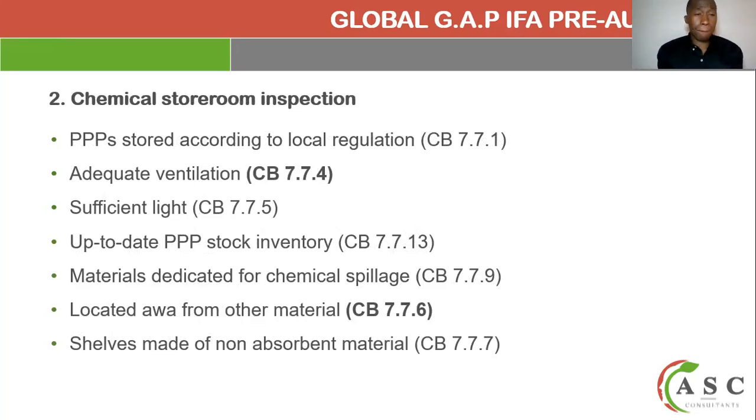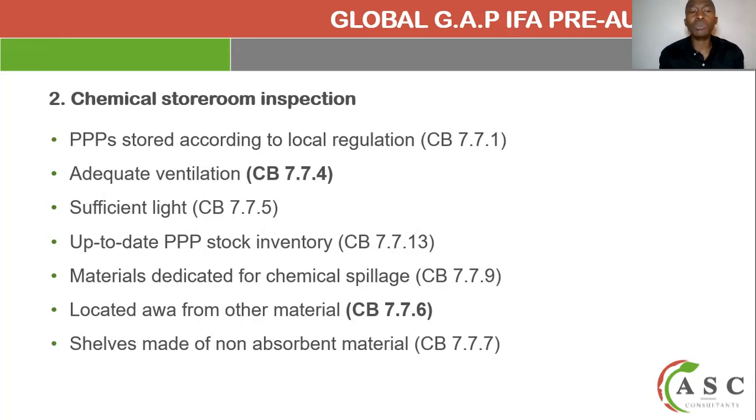The local regulation basically should specify that the chemicals should never be stored directly on the floor. Your red labels must be stored inside the cage, and they must be locked at all times.